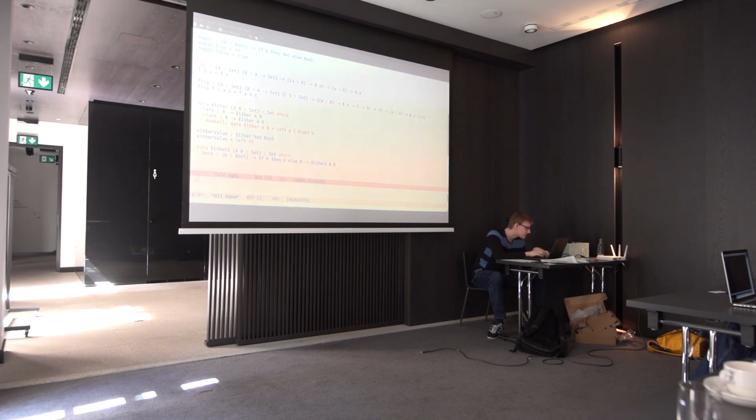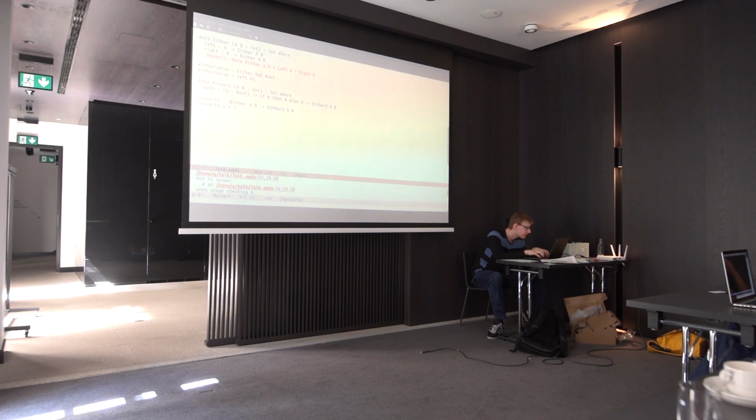Let's write conversion functions. Convert1, Either A B to Either2 A B. Convert1 x equals question mark. Sorry, Set. So my goal is to write Either2 A B while I have Either A B. I can case split on x.